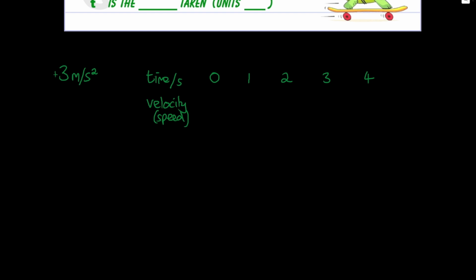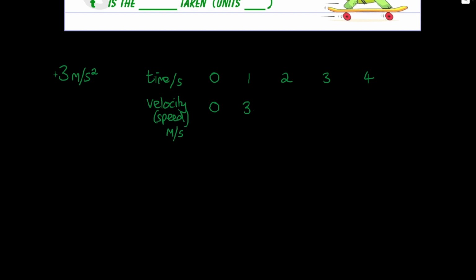When we first start, let's say that we start at 0 meters per second. We're at rest to start with. We start the clock and we get to the first second. That means our velocity has now increased to 3 meters per second. I'll put the units down there.